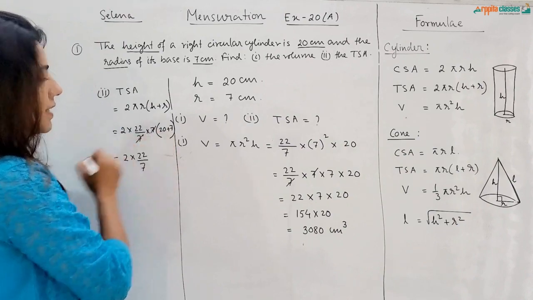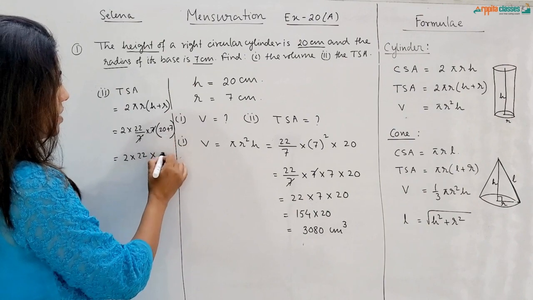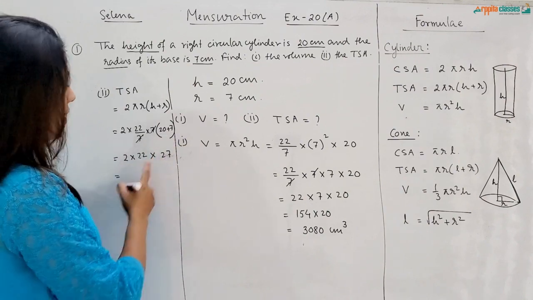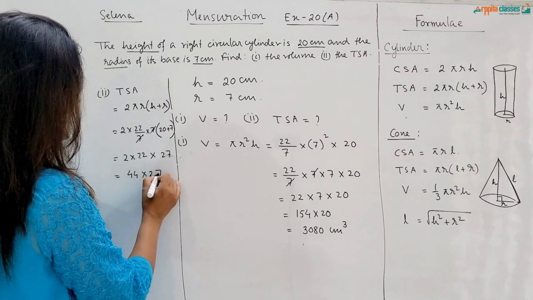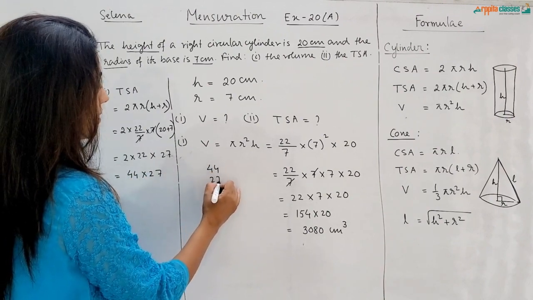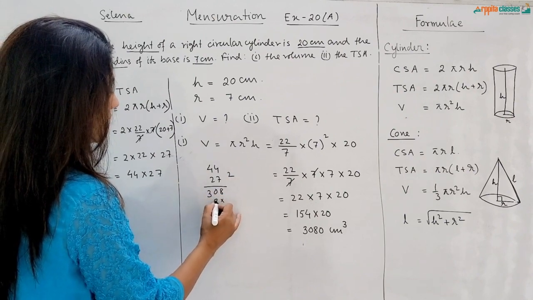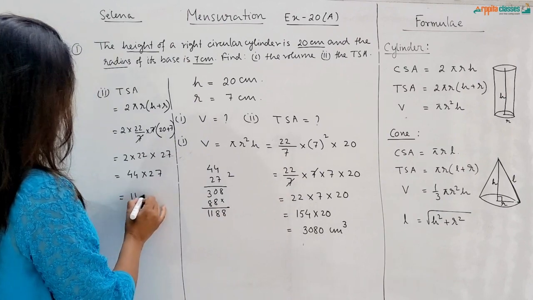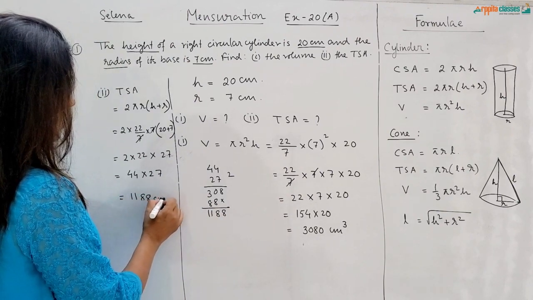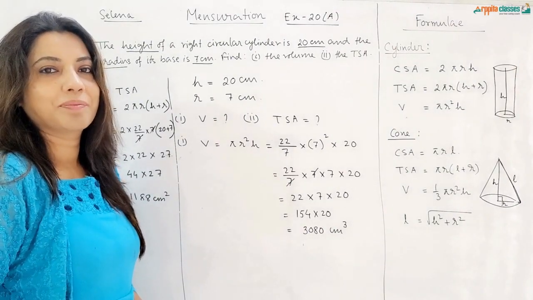This 7 gets cancelled basically. So 2 into 22 into 27. So now we need to do 22 into 2, that's 44 into 27. It's 1188 centimeter square. So that's our total surface area.